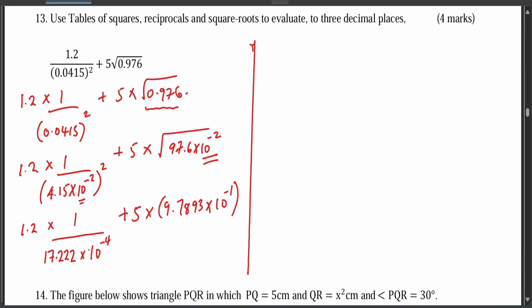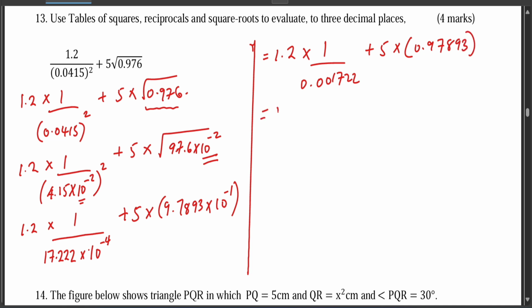So the next step: 1.2 times 1 over 17.22 times 10 to the power of negative 4, which is 0.001722, plus 5 times 9.8793 times 10 to the power of negative 1, which is 0.98793.